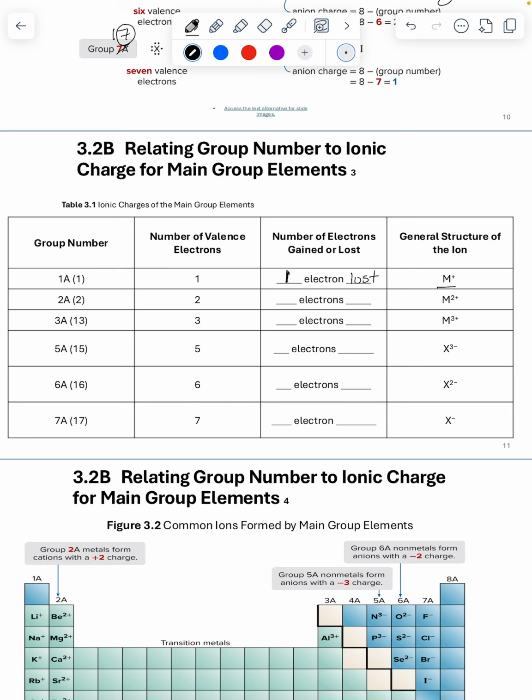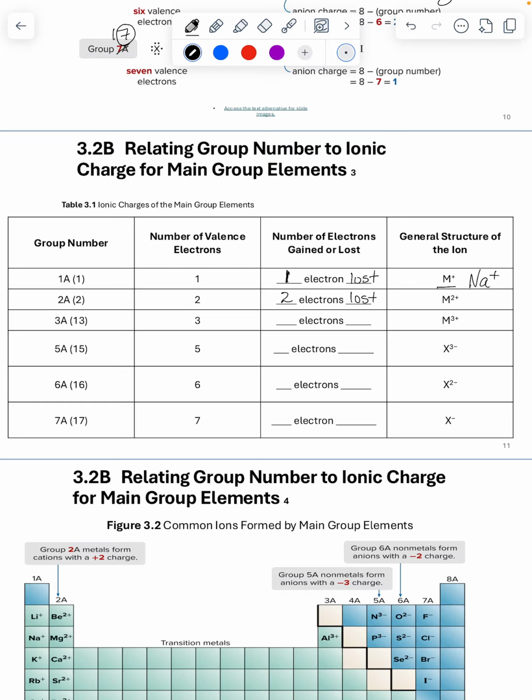with +1. Now when you get to group 2, they all have 2 valence electrons, and so these atoms will lose 2 electrons. 2 electrons are lost, and the symbol is the chemical symbol and then a 2+.